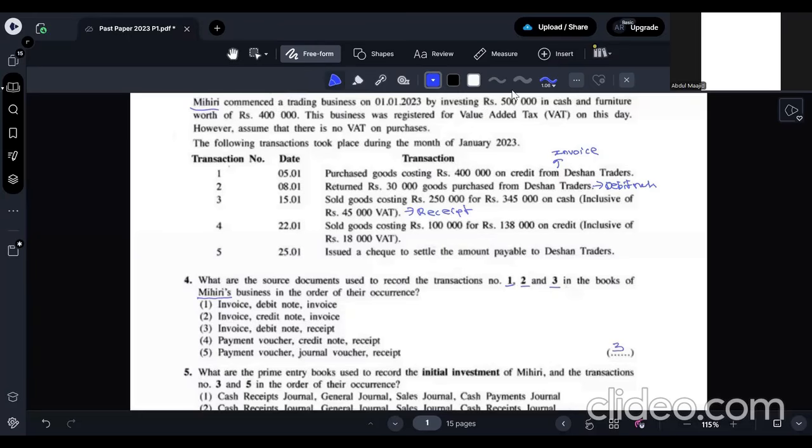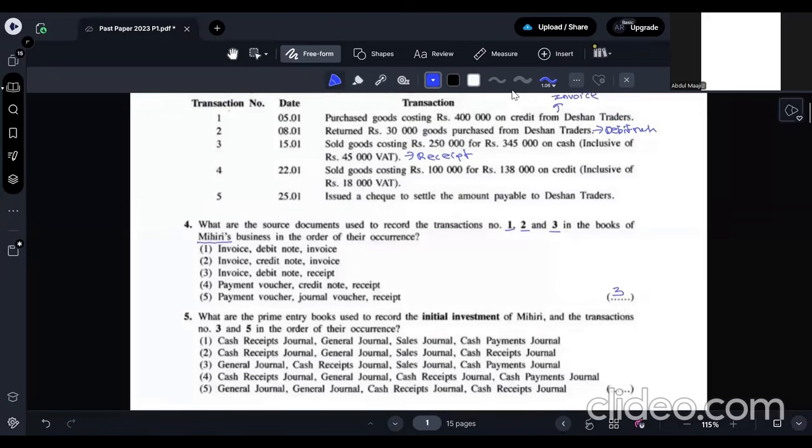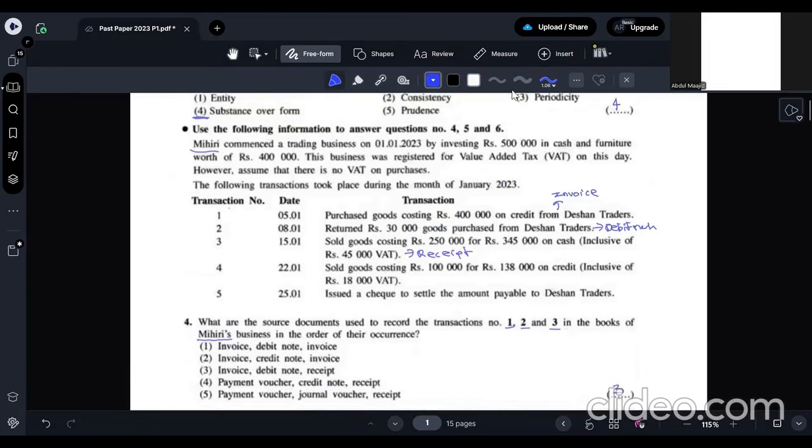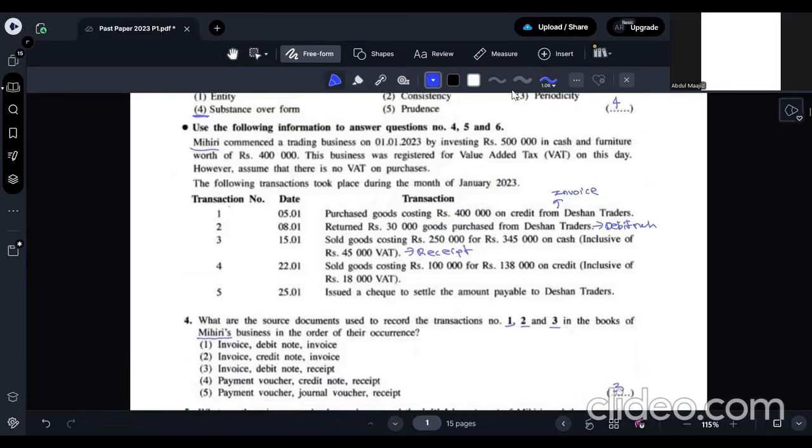Yes. Then the fifth one: what are the prime entry books used to record the initial investment of Mihiri and transactions 3 and 5? Now, what is the initial investment? Mihiri commenced the trading business by investing 500,000 in cash and furniture worth 400,000.